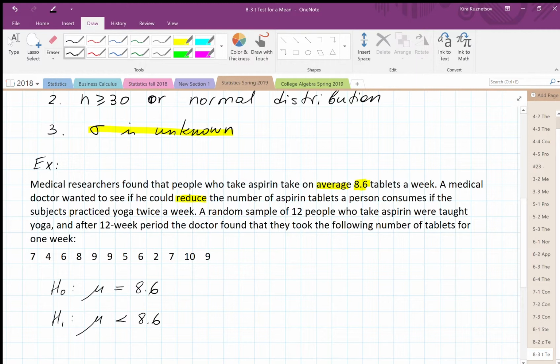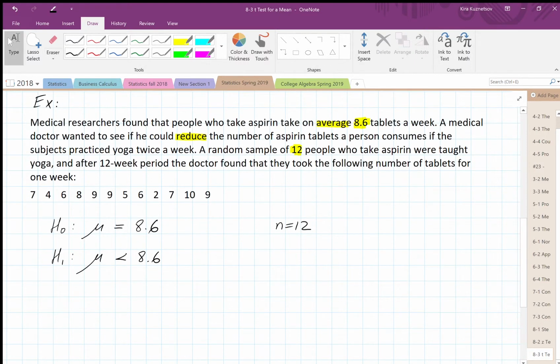A random sample of n people. So this tells me n is equal to 12. And I'm not given anything else. All I have is a sample.